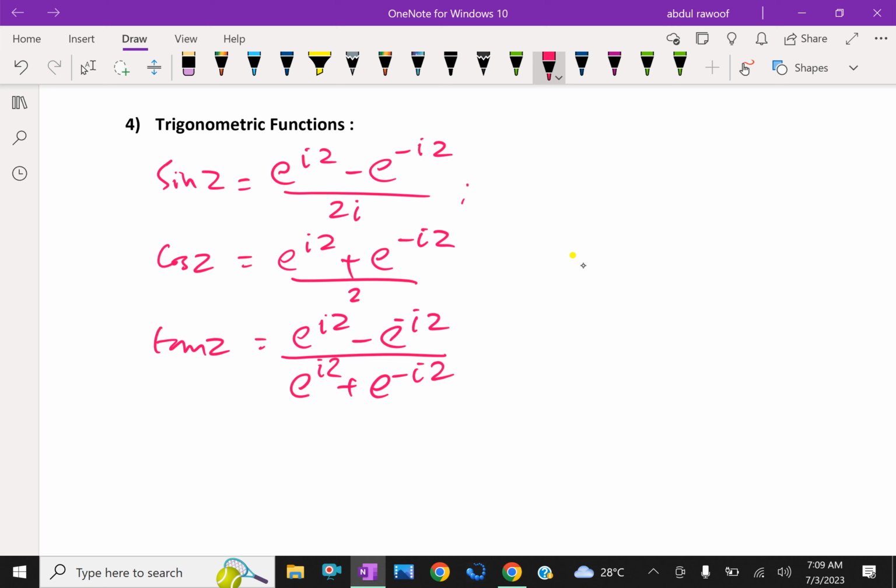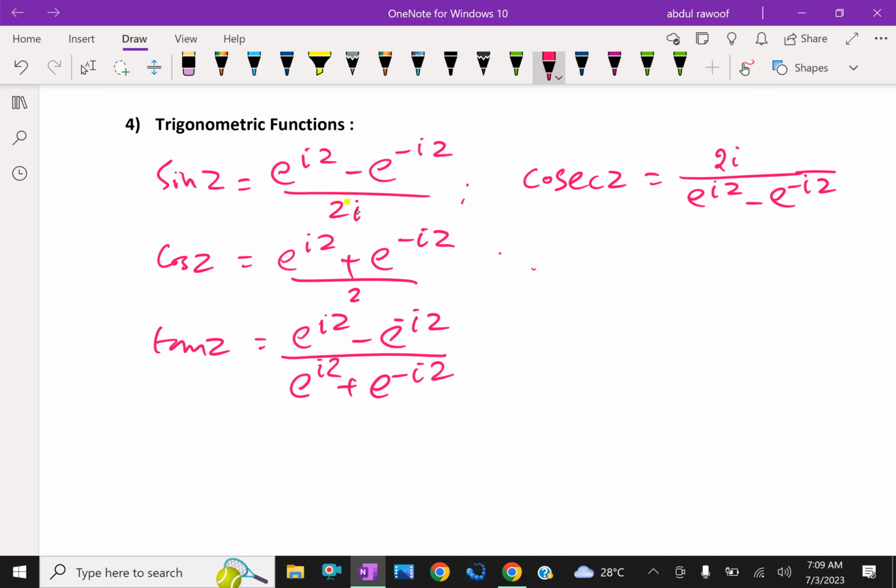Here, the reciprocal of sin is cosecant. Cosecant z equal to 1 over sin z. After writing the reciprocal, we have 2i over e power iz minus e power minus iz.